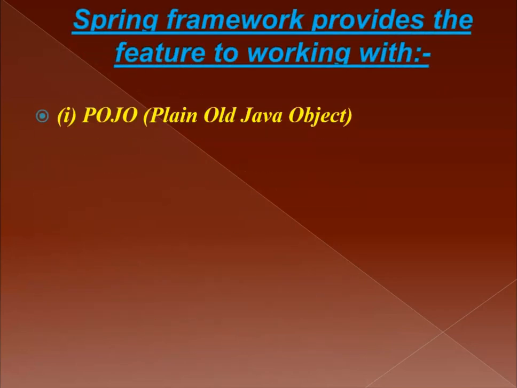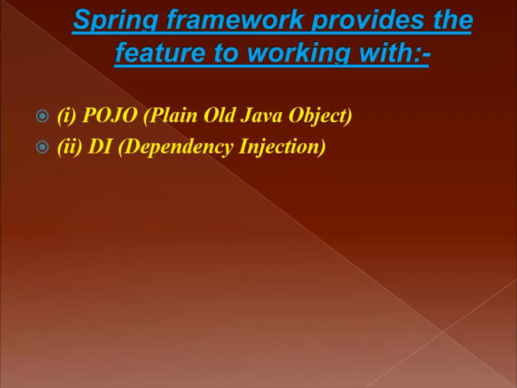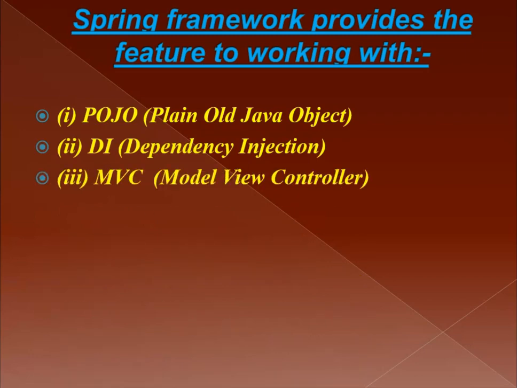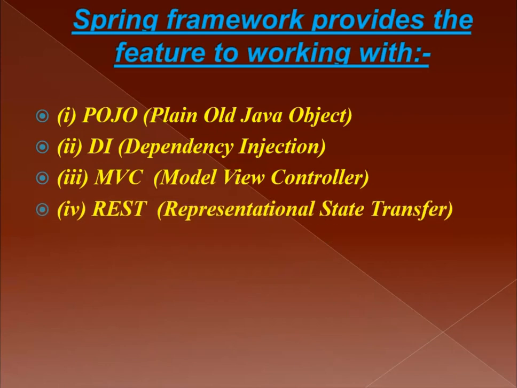Spring framework also provides different features to work with, like POJO, which means plain old Java object, and DI, dependency injection. It also provides MVC (model view controller), REST (representational state transfer), and security.